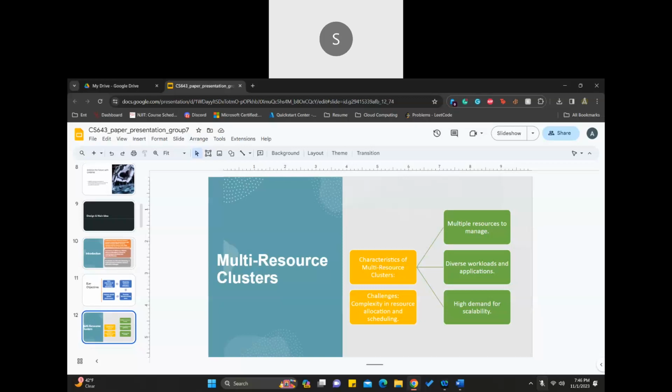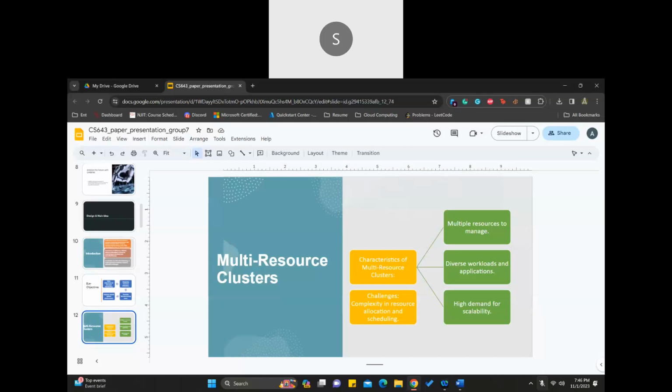And the second part, the diverse workloads and applications. This means that this cluster can handle different applications from data analytics to machine learning, put in priority based on each specific resource need, ensuring efficient operation.